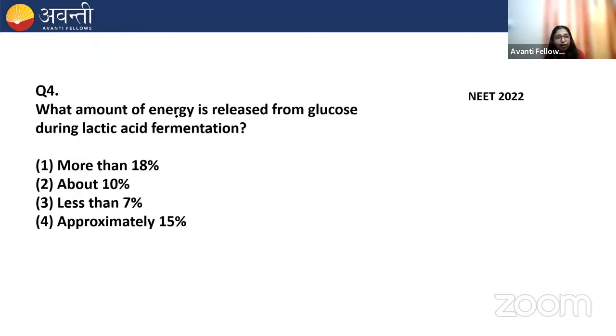Moving next, what amount of energy is released from glucose during lactic acid fermentation? More than 18%, about 10%, less than 7%, approximately 15%. It's a very easy question, a direct question from NCERT.